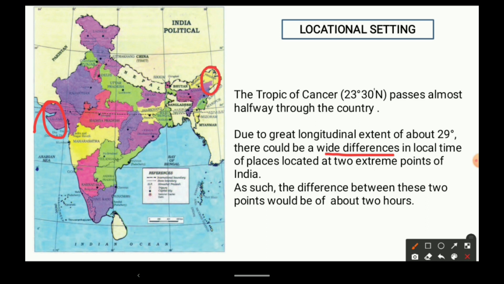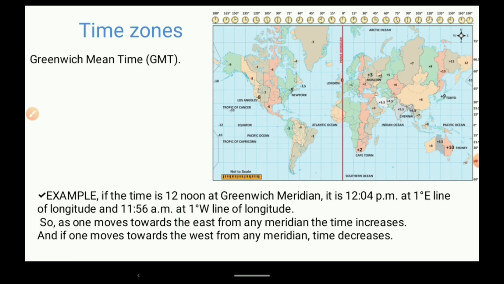The time difference is about 2 hours. Due to this, to have a common time, we have taken a particular meridian as a prime meridian to calculate our Indian Standard Time. Before we see Indian Standard Time, let me give some information about time zones.